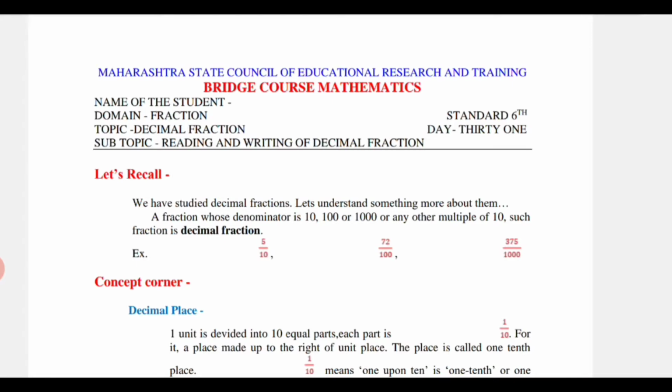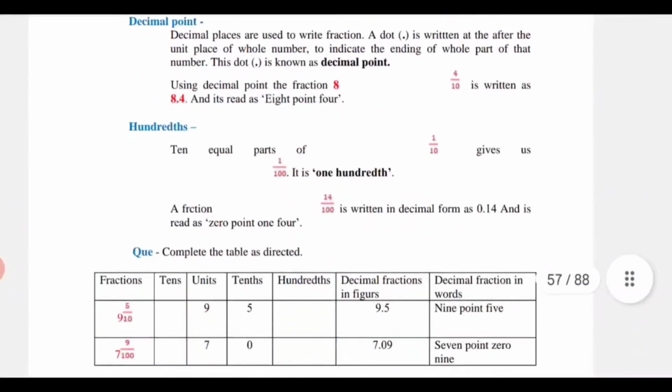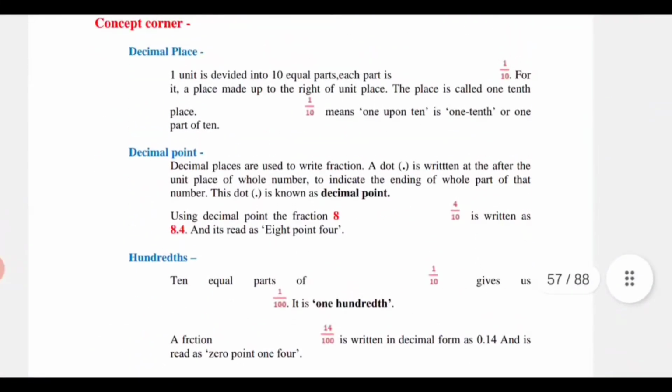Now let us see what is there in the concept corner. Decimal place. One unit is divided into 10 equal parts and each part is 1 upon 10 of it. A place made to the right of the unit place is called the tenth place.